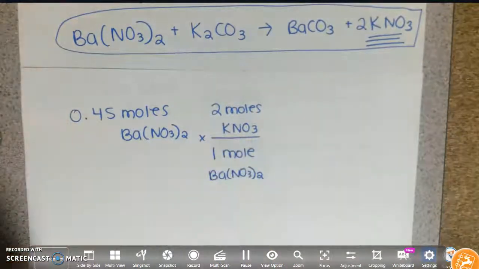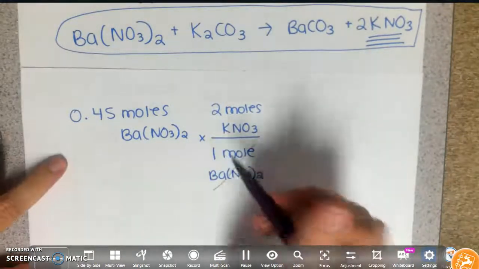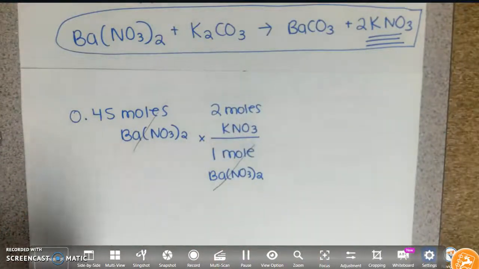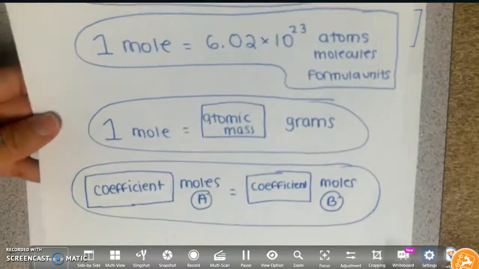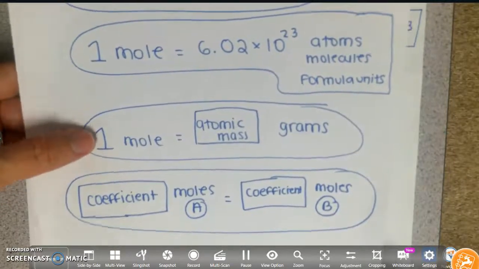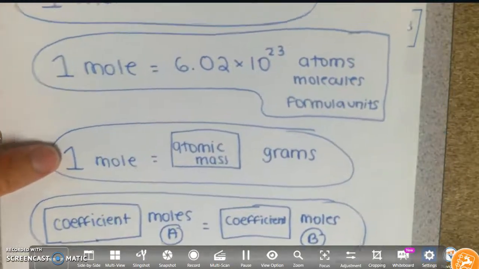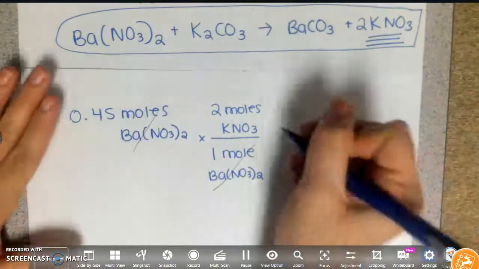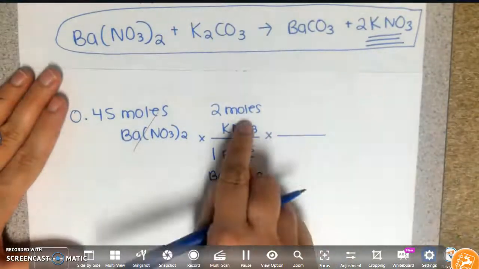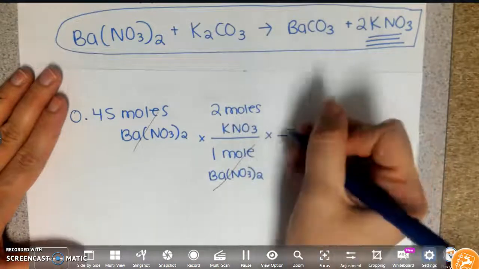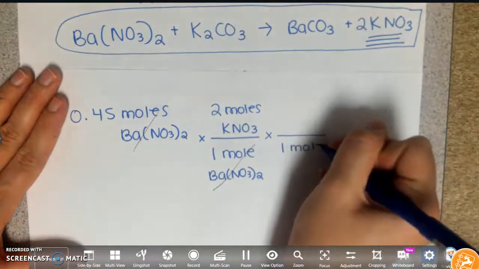Now I've canceled out the barium nitrate unit. I have moles of KNO3. I want it to be in grams of KNO3. So now I can use this conversion where 1 mole equals the atomic mass in grams. And so because this is moles of KNO3 up top, I'm going to write 1 mole KNO3 at the bottom.